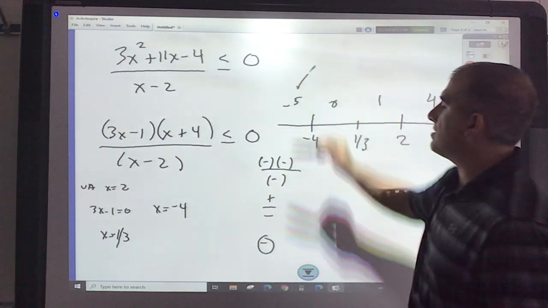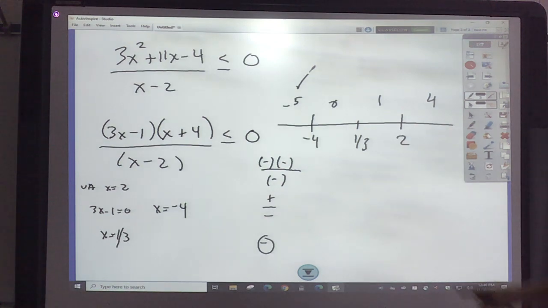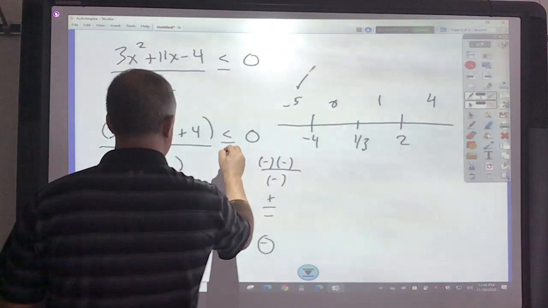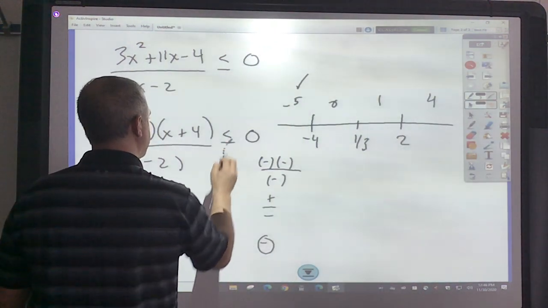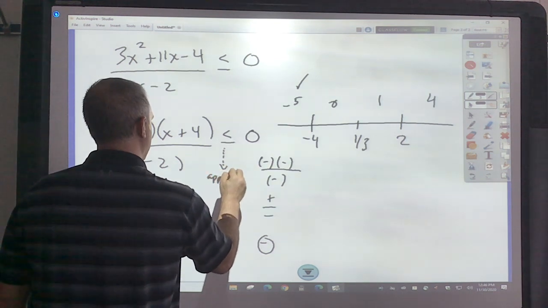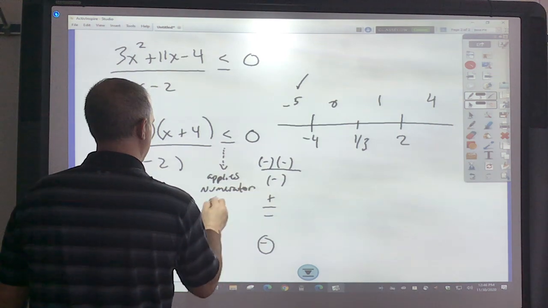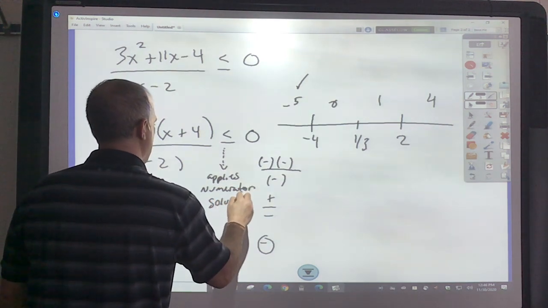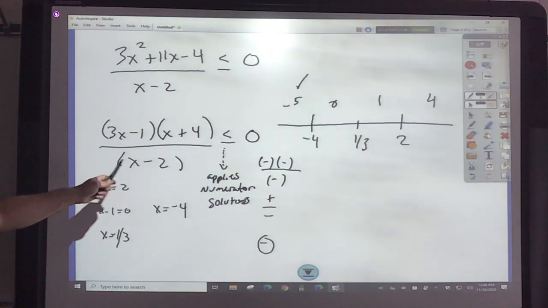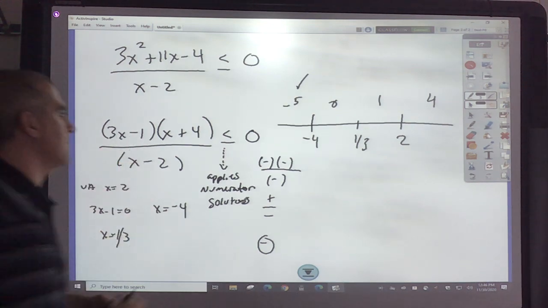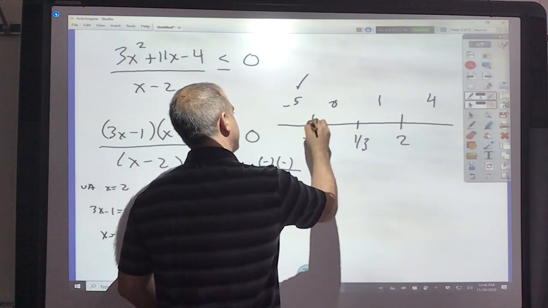Now, since I want things less than or equal to 0, that works. As far as the dots go, if you've got this symbol, this applies to the numerator solutions. So this 1/3 and this -4 would be closed dots.